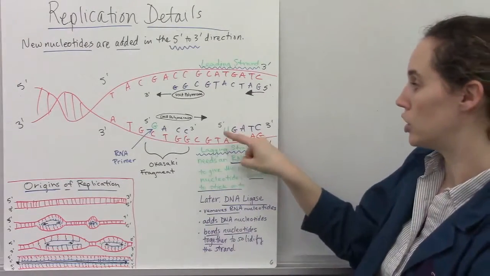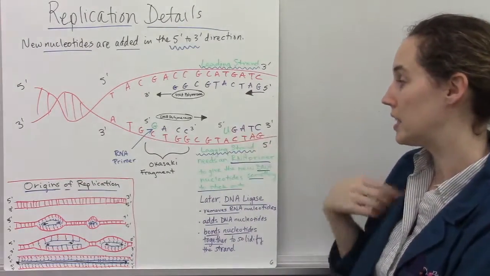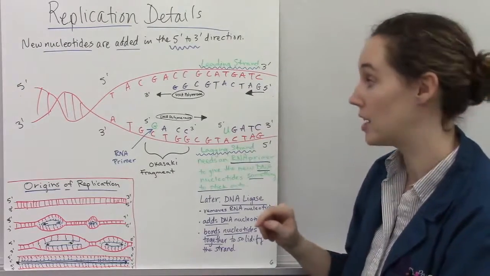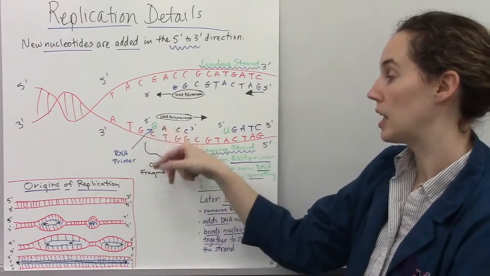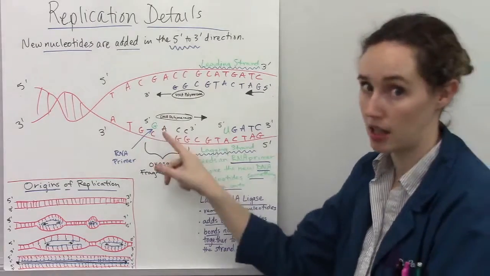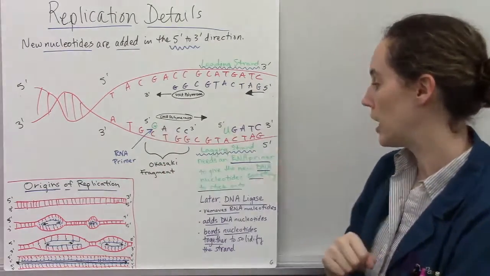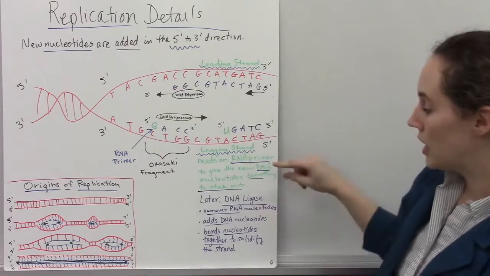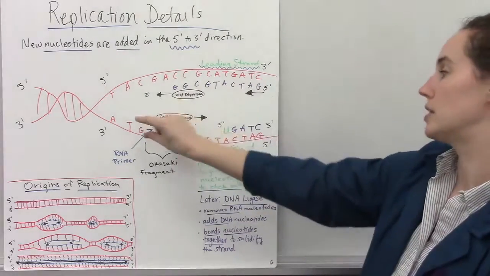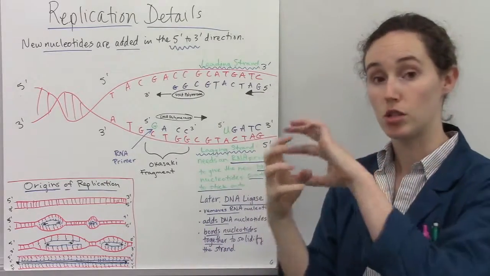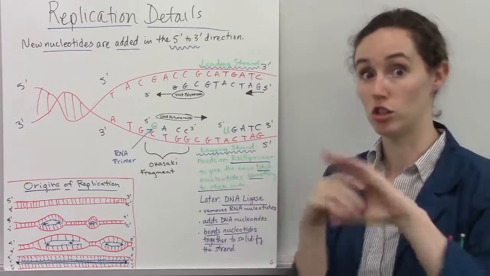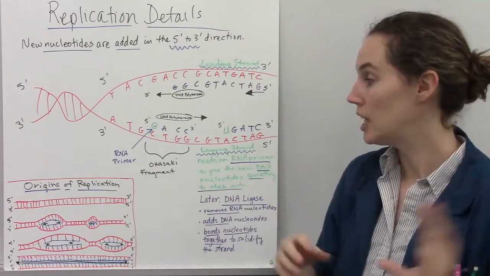So for instance, this U would be taken out by DNA ligase and a T would be added in, right? And this RNA G would be taken out and a DNA guanine added in there, okay? And then after that, it will go through and zip up and finally put together all the phosphodiester bonds to solidify that final new strand of DNA.